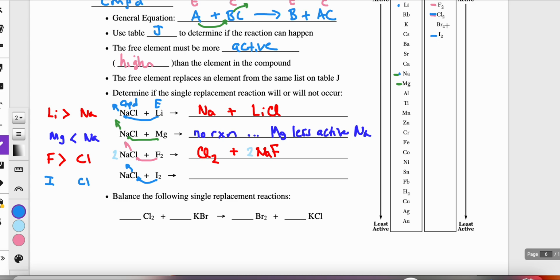Iodine is lower on the list than chlorine, so it's not as active. So iodine is less active. Since iodine is less active than chlorine, no reaction. Iodine cannot replace chlorine in this compound. If you had to write an explanation, you would simply write that iodine is less active than the chlorine, so there's no reaction.